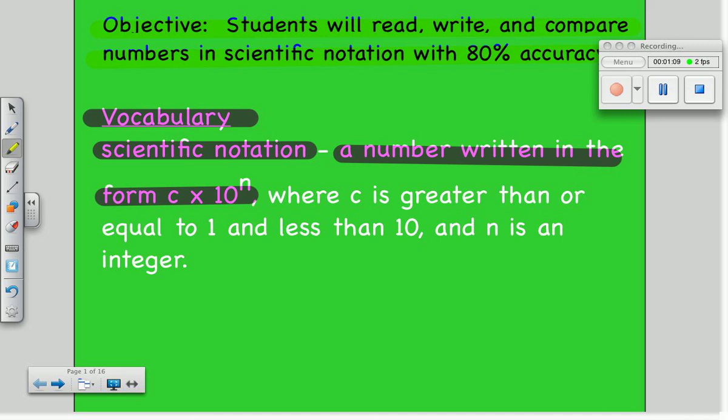So then I want you to write a couple of rules down. C must be more than or equal to 1.